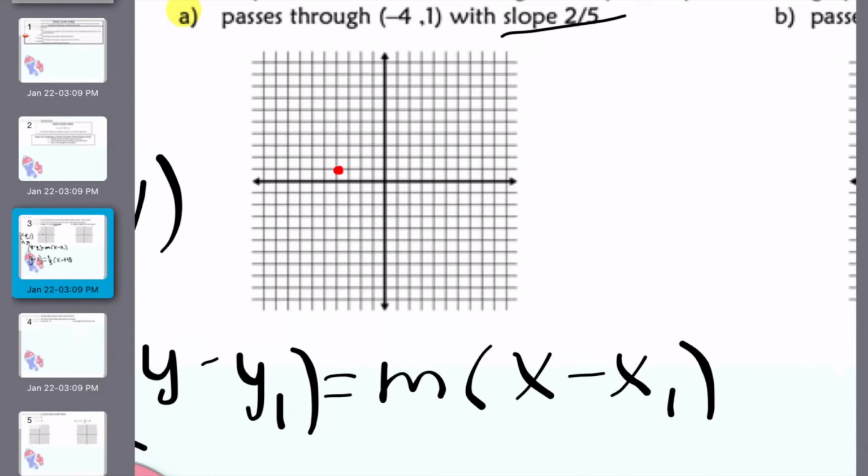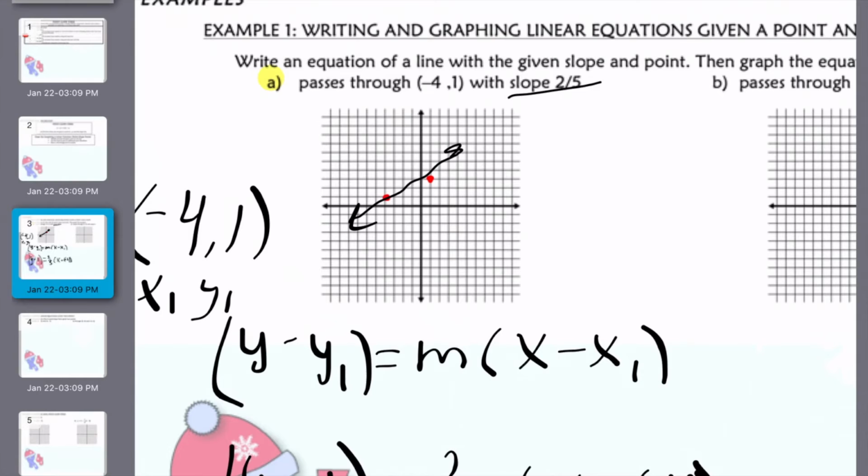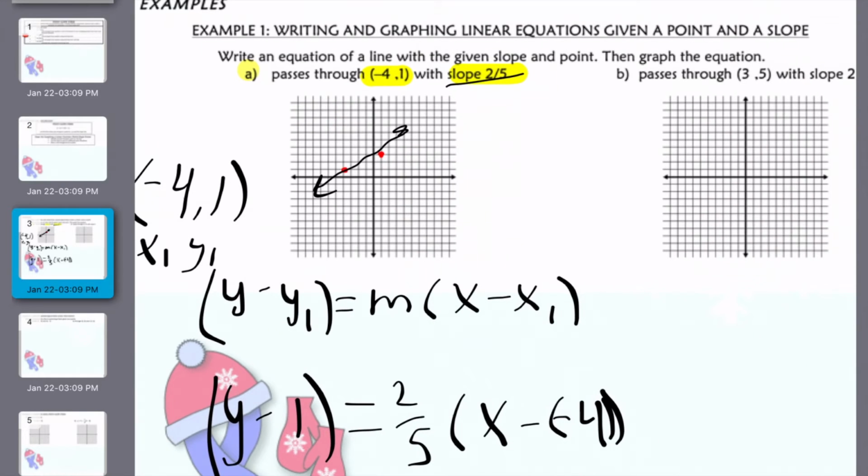So 1, 2, right there. And then I can just try my best to connect those two with a line. Again, not perfect, doesn't have to be, but that is essentially how you take information where you have a point and a slope, write it in your new formula of point-slope form, and then take that and graph it.